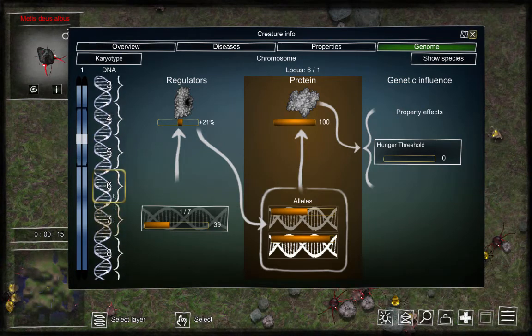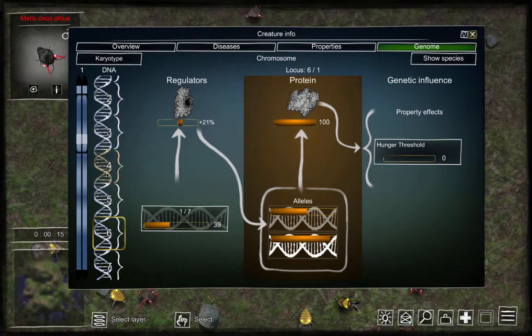So this is locus 1, this is locus 4, and this is locus 6. The genes in each locus are presented here. These genes can also be called alleles. An allele means a different version of the same gene, so we can also speak about genes. In the whole population there can be hundreds or even thousands of different alleles in one locus.